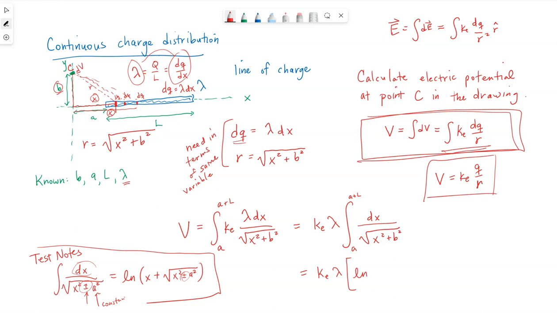So the result of our integral is the natural log of x plus the square root of x squared plus, I don't want a squared, our constant is b. So I want b squared. And I do need to evaluate this between a and a plus l. But once I do, I have an answer. So remember, we were assuming we have a, b, l, and lambda. So now we have all the values. It's just a matter of plugging in the limits.